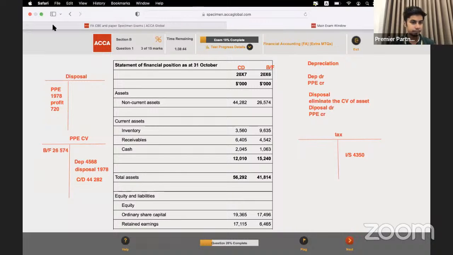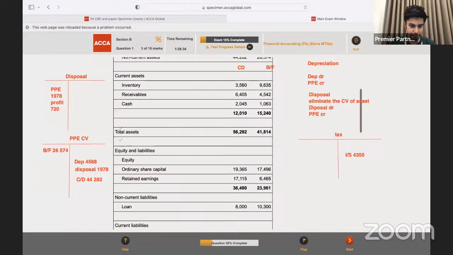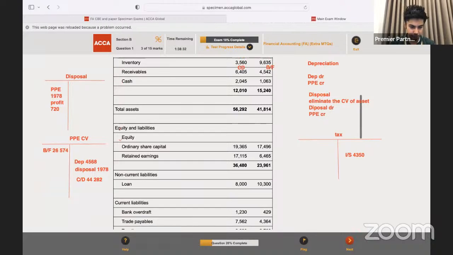Current assets, inventory. Now, guys, remember inventory, trade receivable, and then, when we go down, there is something called trade payable. Let me show you that part also. So, wait. This is carried down and this is brought forward.